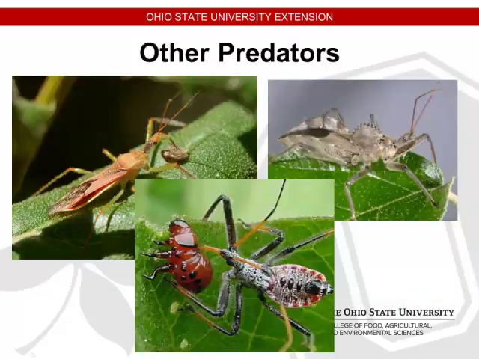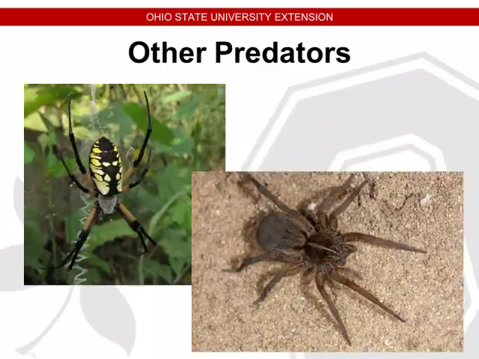And then there's all kinds of predaceous bugs out there, and these are true bugs. And things like the wheel bug and the assassin bug, both as an adult and immature nymphs, are major predators of insects. And all of these can be highly favored by a less disturbed environment. And even the spiders.